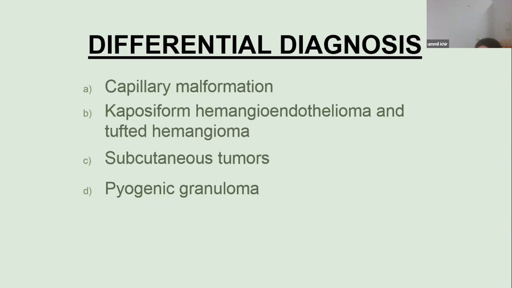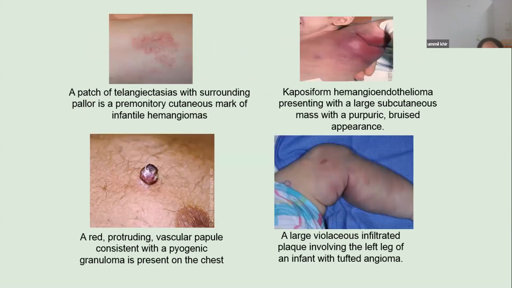So for this one, tissue biopsy is generally necessary to exclude malignancy. And the last one is pyogenic granuloma. Next.